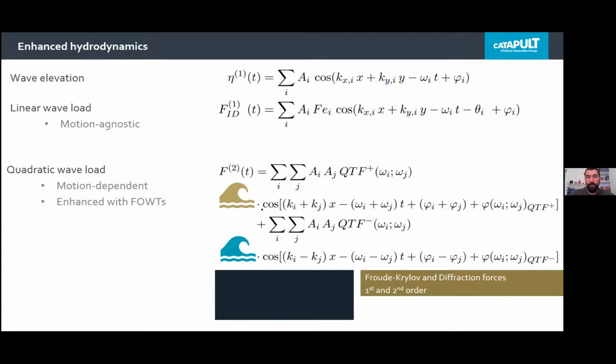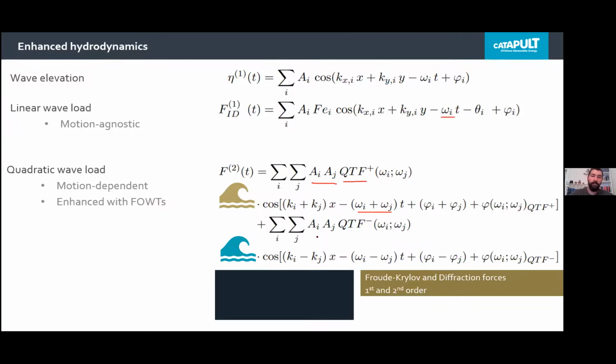And we can see it's broken down into two parts. The first one is proportional to the square of the wave amplitude, multiplied by a quadratic wave load coefficient called the quadratic transfer function, and a sum of two frequencies as opposed to being proportional to one wave frequency.